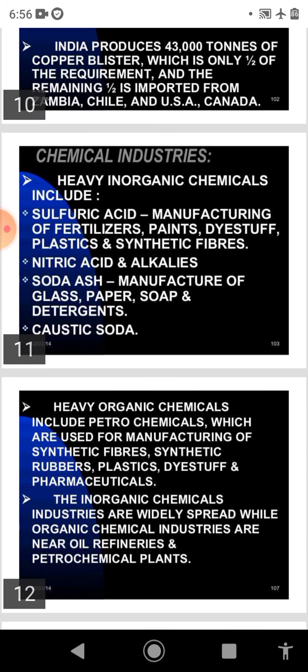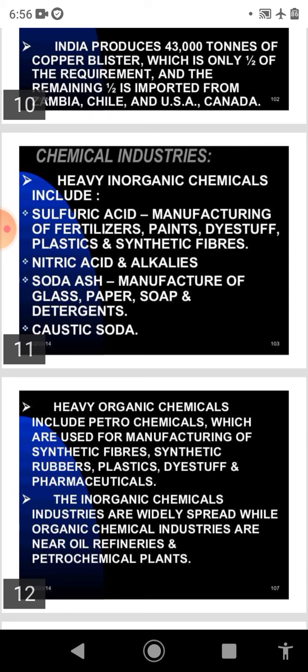The first one is inorganic chemicals, which include sulfuric acid used to manufacture fertilizer, synthetic fiber, plastic, adhesive, paints, dyestuff, nitric acid, alkalis, and soda ash used to make glass, soap and detergent.